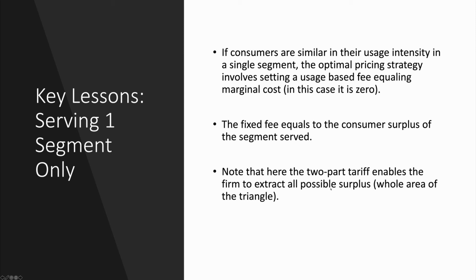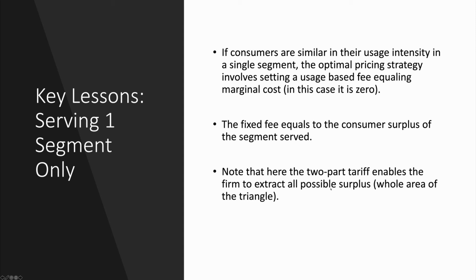And the fixed fee would be equal to the consumer surplus from the specific segment served. So in this case, the two-part tariff enabled the firm to extract all the possible surplus.